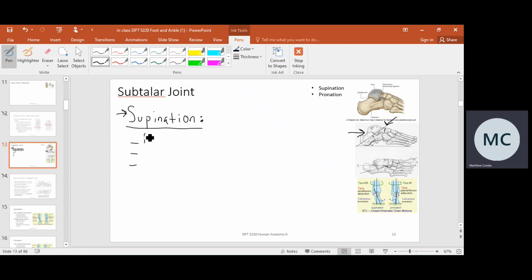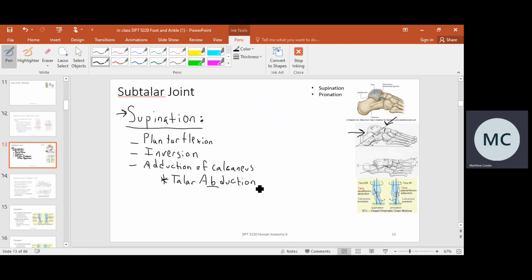It's going to be a combination of plantar flexion, inversion, and adduction of the calcaneus, or, I'm going to put a little star down here, and we'll get into this a little more, talar abduction. Because remember what we said last class about the talus, right?